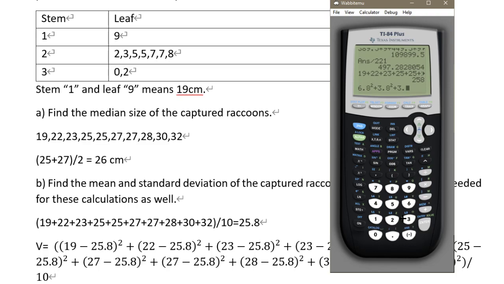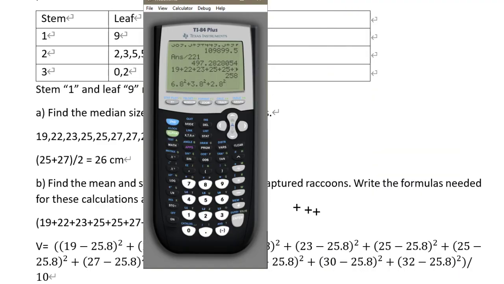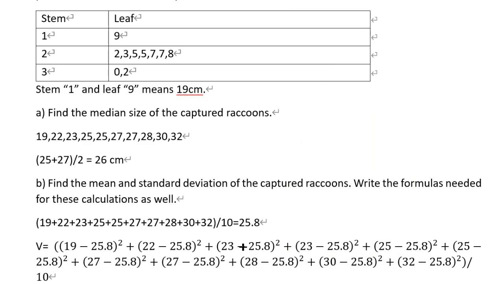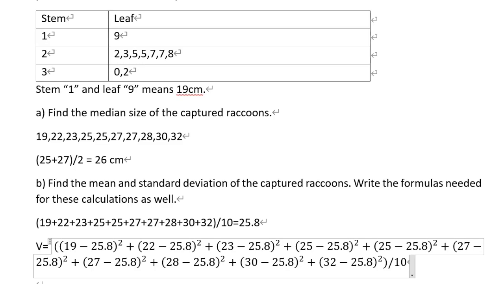Oh no, sorry, this would be 2.8. 2.8 squared, and then another 2.8 squared. Oh, I think I made a mistake here. There's a 2355, so I put 23 twice, so let me delete that.